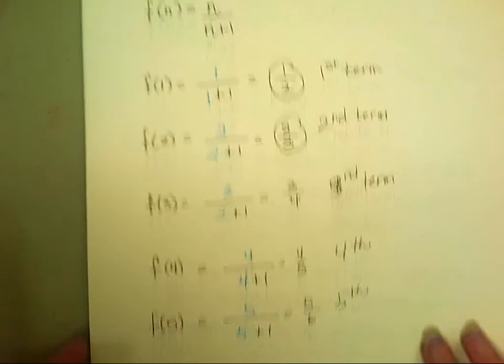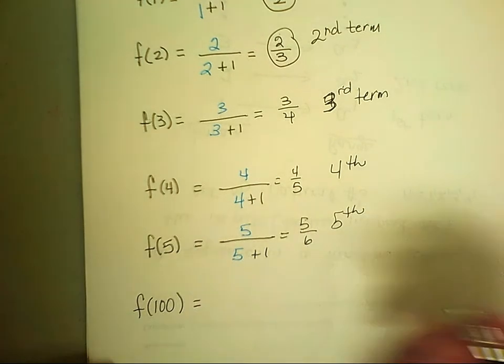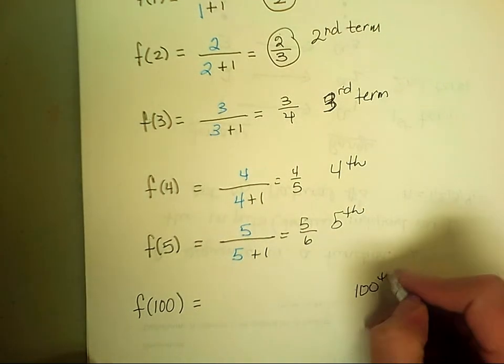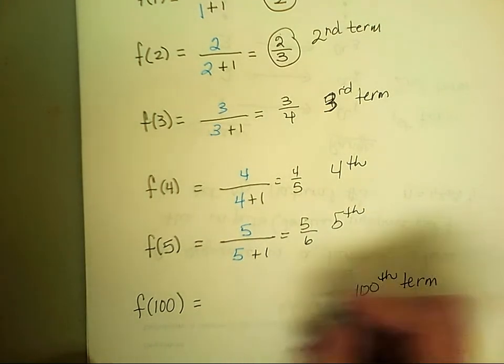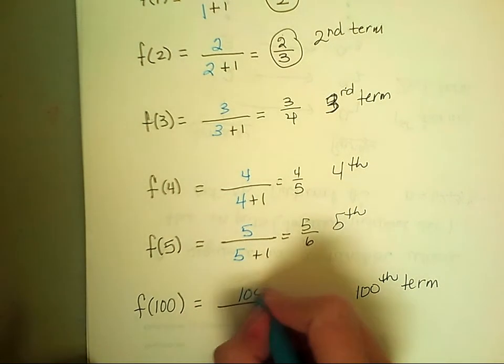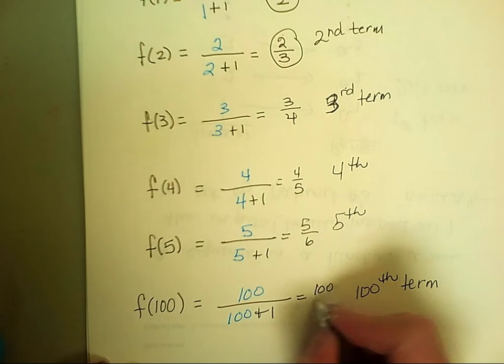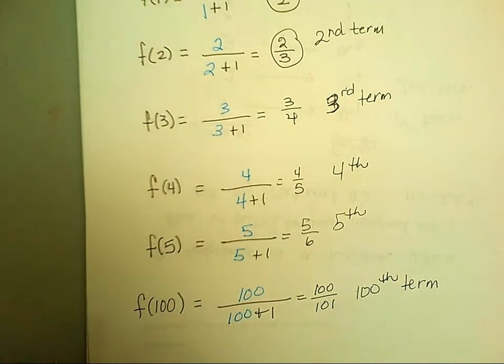So, for example, the 100th term, f of 100, this would be the 100th term. Well, we just do it the same way because we know what the nth term looks like. That's 100 over 100 plus 1, which is 100 over 101. This is the 100th term.